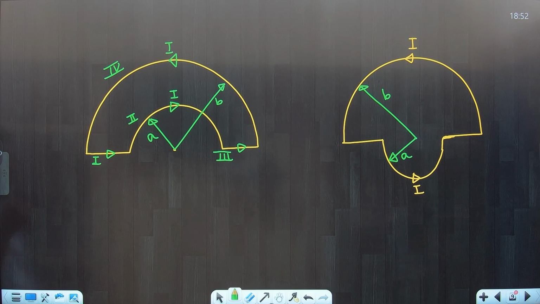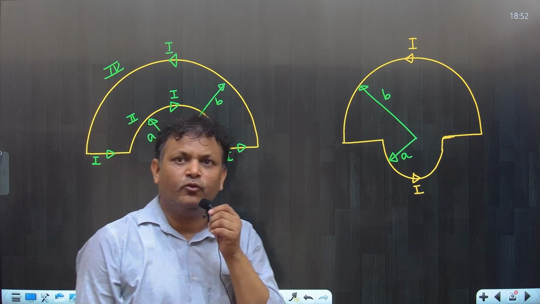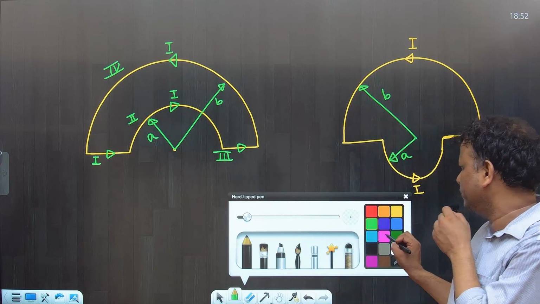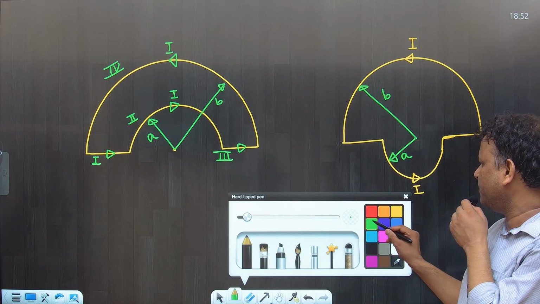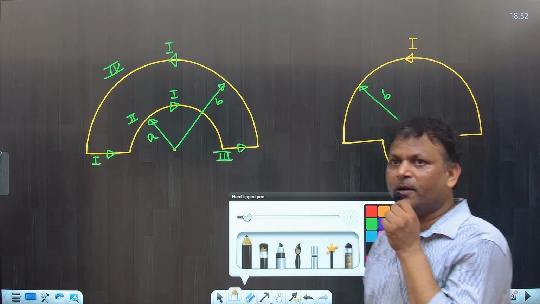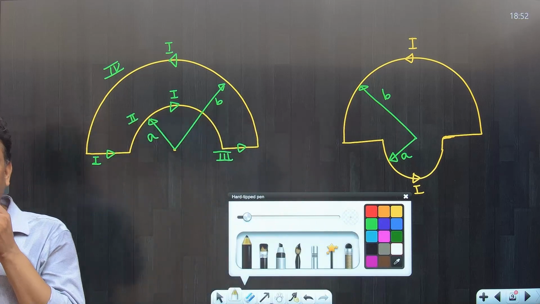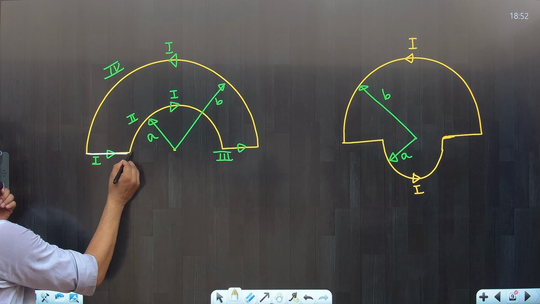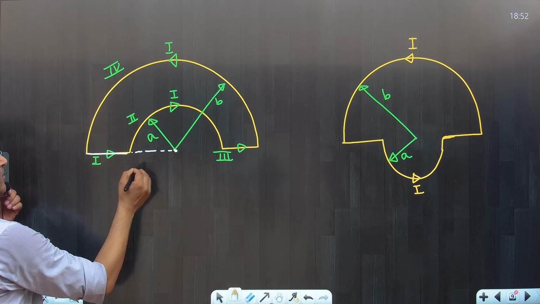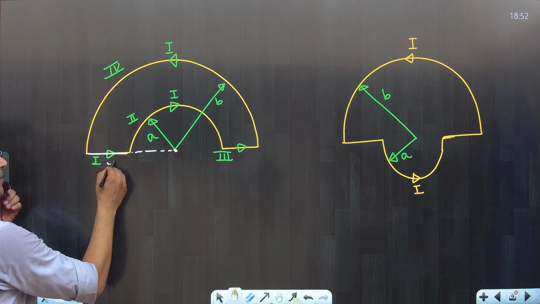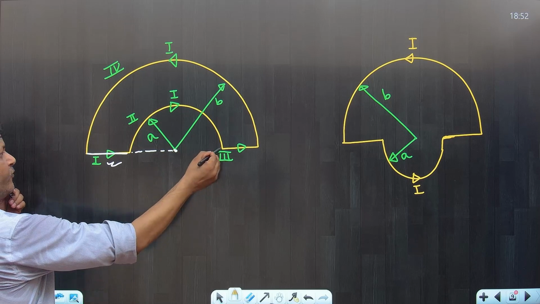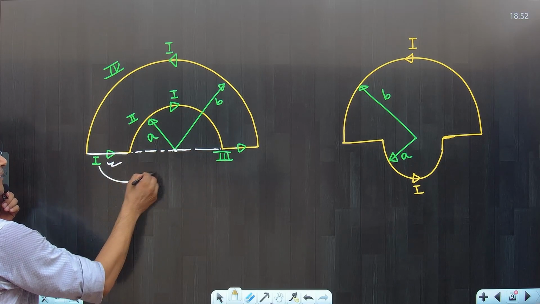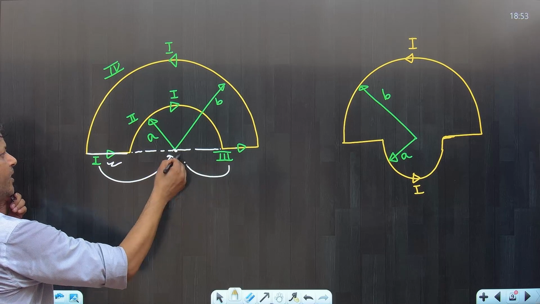You can say that magnetic field due to part 1 and part 3 at center is 0. See, if you extrapolate this conductor, this point lies on this. So magnetic field due to this part is 0 on this, and if you extrapolate this, due to this part will be 0 on this. So part 1 has 0 effect on this, part 3 has 0 effect on this.